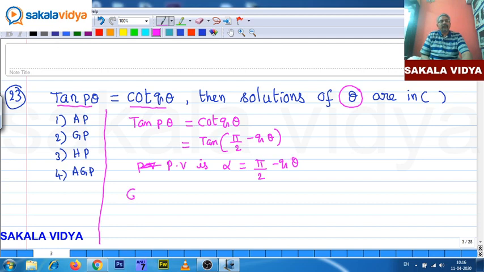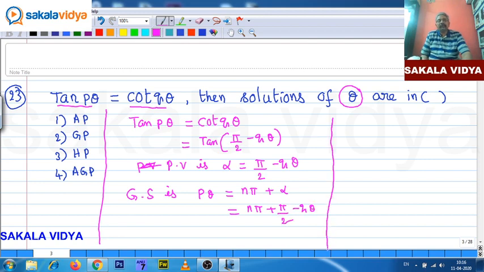Now let us write the general solution for tan. For tan, the general solution is p theta equals n pi plus alpha, that equals n pi plus pi by 2 minus q theta. Now bring minus q theta to this side: p theta plus q theta equals n pi plus pi by 2.